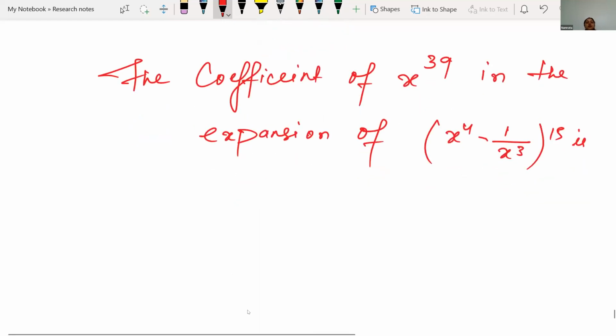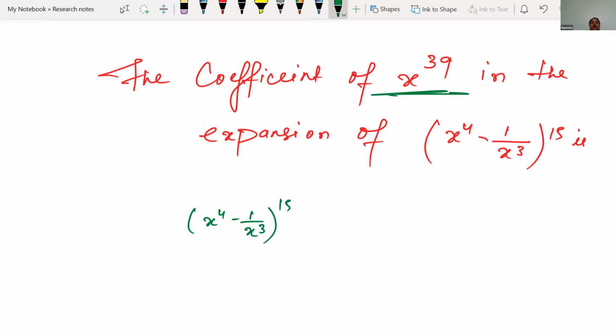So the coefficient of x to the power 39 in this expansion is. We have x to the power 4 minus 1 by x cube to the power 15. Now, to get x to the power 39, are we going to figure it out after doing the whole expansion?